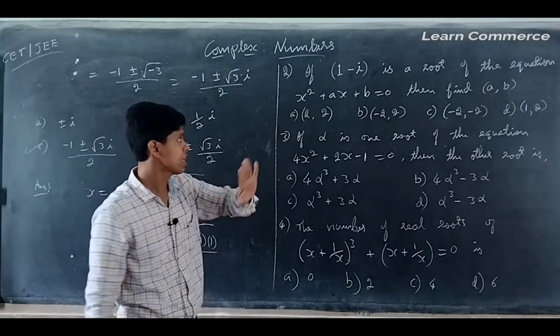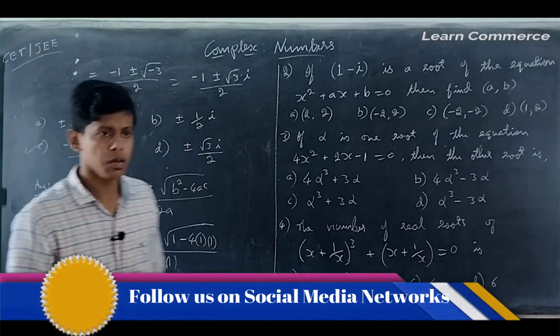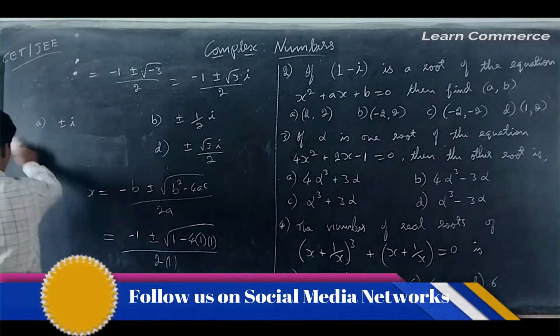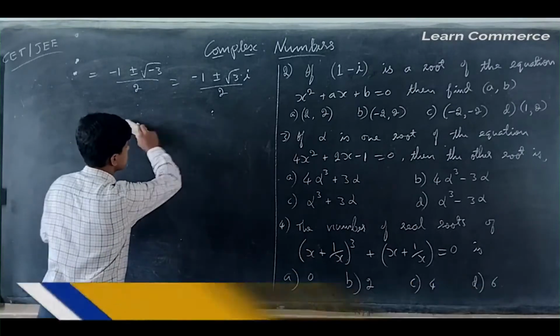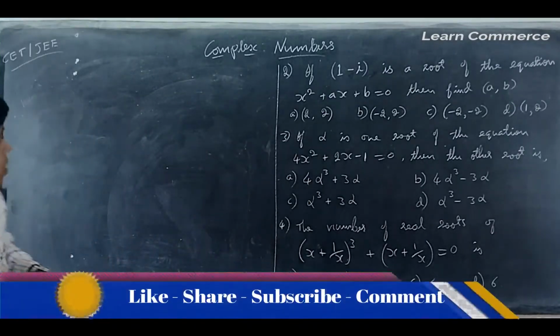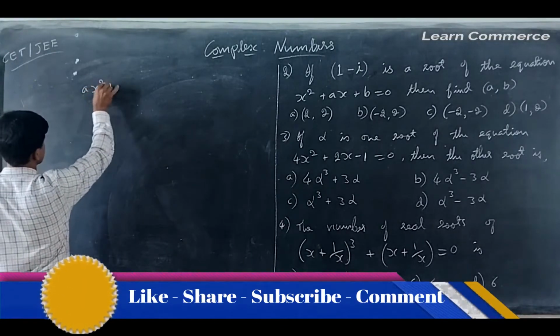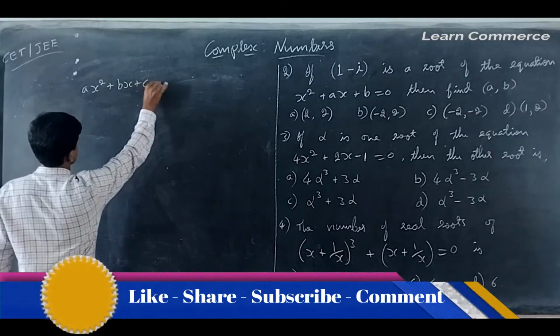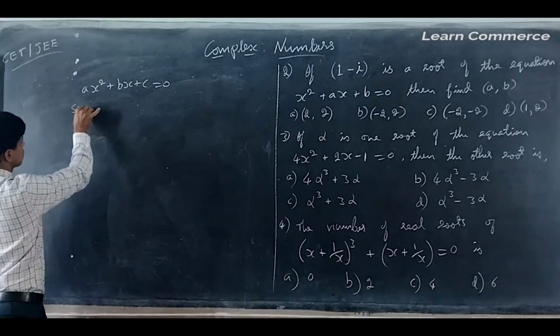Are you guys ready? Yes. For these questions I need to give you a little background here. Understand, you have a quadratic equation, and what is the sum of the roots?